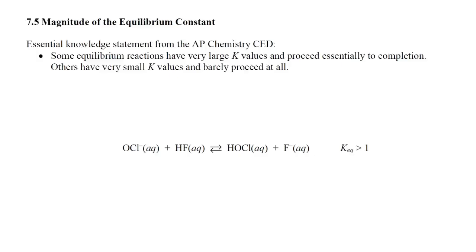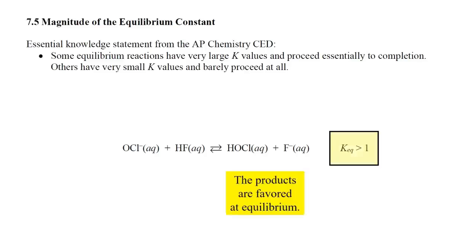And the fact that this equilibrium constant is greater than 1 tells us that the products are favored at equilibrium. So now what I'm going to do is identify each one of these 4 substances as either an acid or a base.